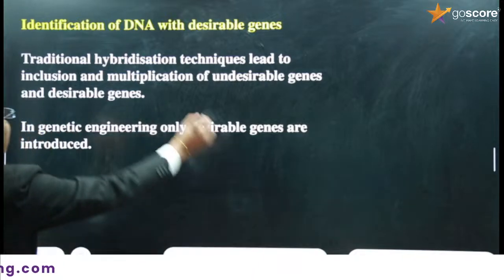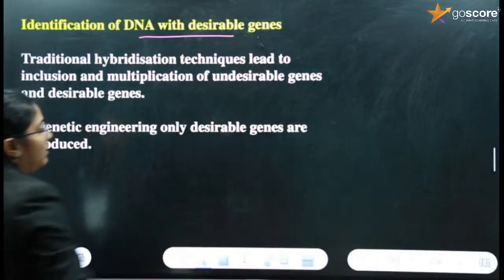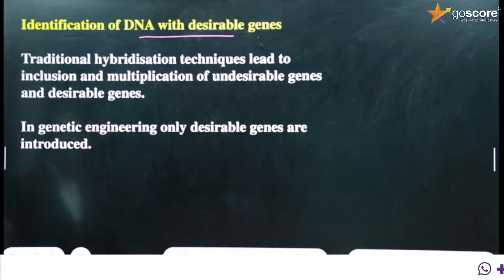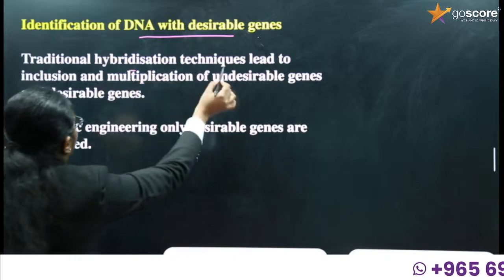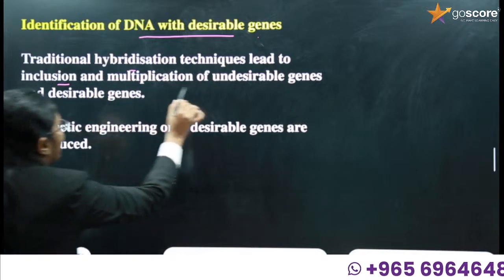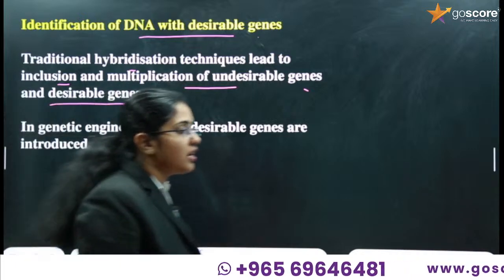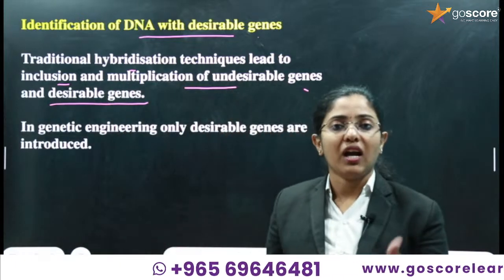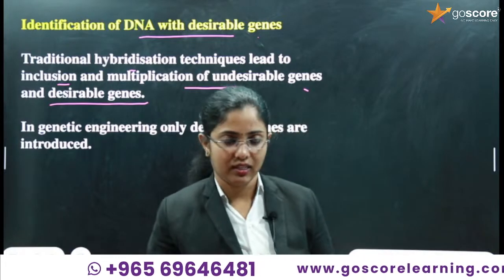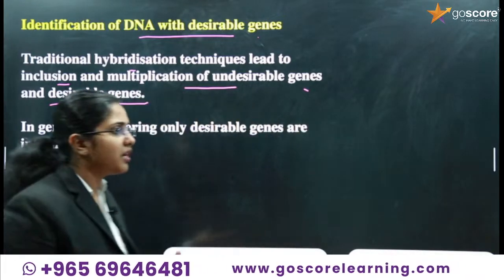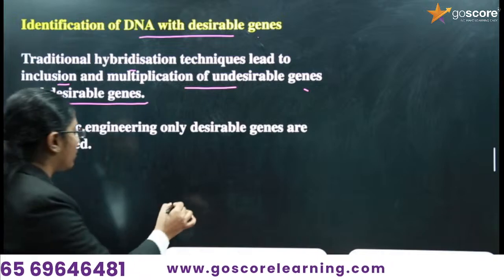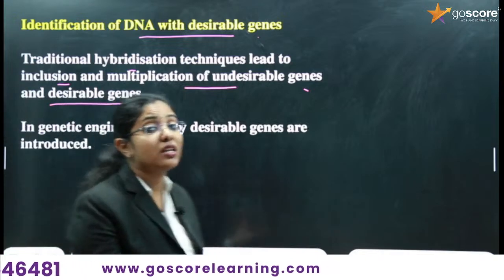First one, identification of DNA with desirable genes. What is given here? Traditional hybridization techniques lead to inclusion and multiplication of undesirable genes along with desirable genes. Normally we use hybridization techniques, and during hybridization cross pollination takes place in the case of plants.